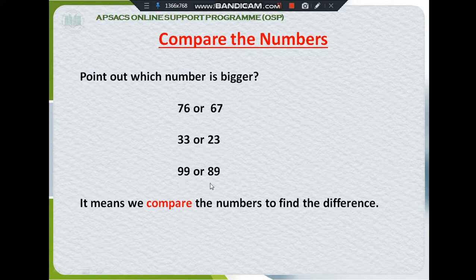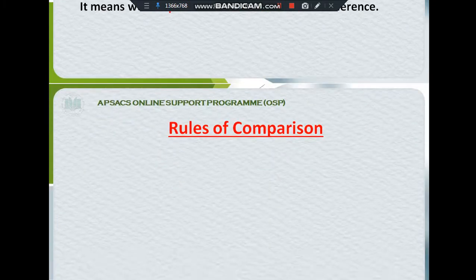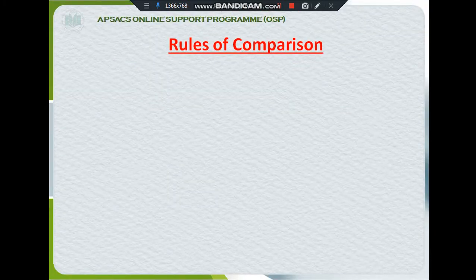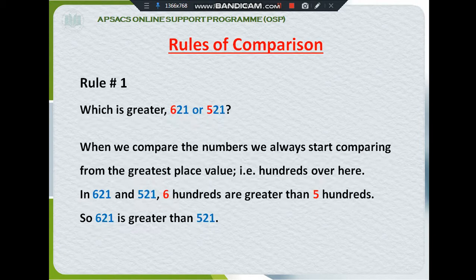And 99 or 89? Exactly, 99 is bigger than 89. So, what does it mean? It means that when we compare the numbers, we have to find out the difference between them. Now, there are some certain rules for comparison, and here is rule number 1.